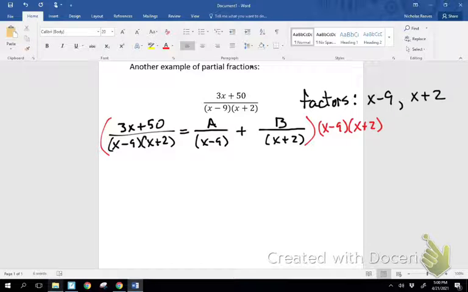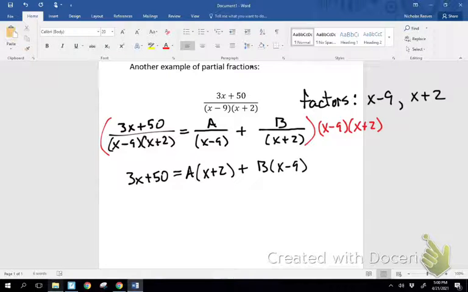So on the left side, all the factors disappear and we're left with 3x plus 50. On the right side, that first fraction, the x minus 9 cancels out, and we have a(x plus 2). And then for the next, the x plus 2's cancel out, and we have b(x minus 9).